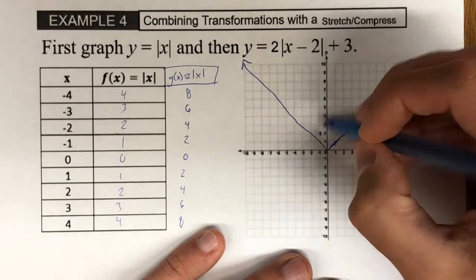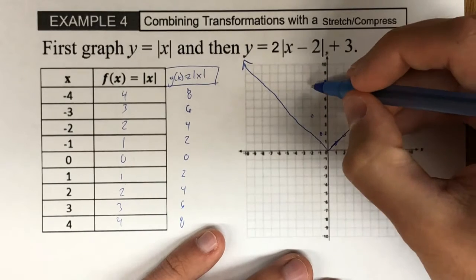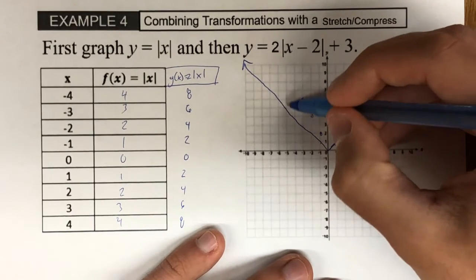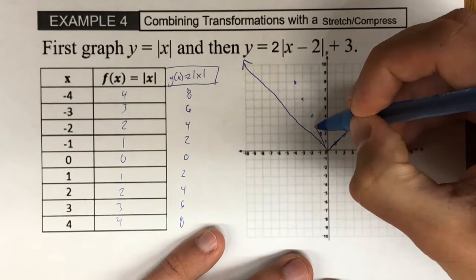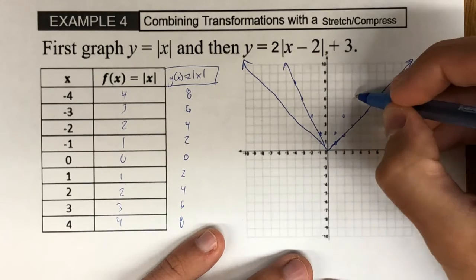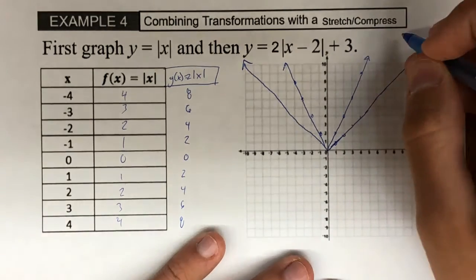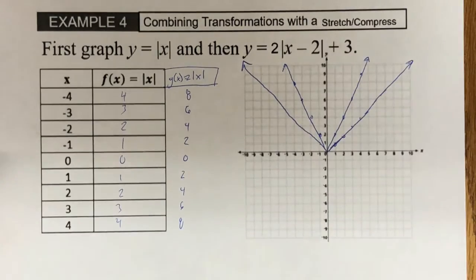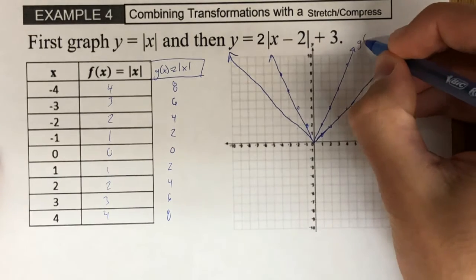So 1 times 2 is 2, 2 times 2 is 4, 3 times 2 is 6, 4 times 2 is 8. And the same would apply here. Basically, it looks like 2 linear functions with slopes of 2 and negative 2. So we'll call that our g of x.